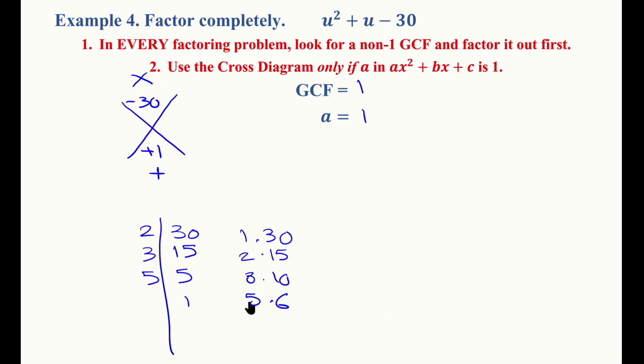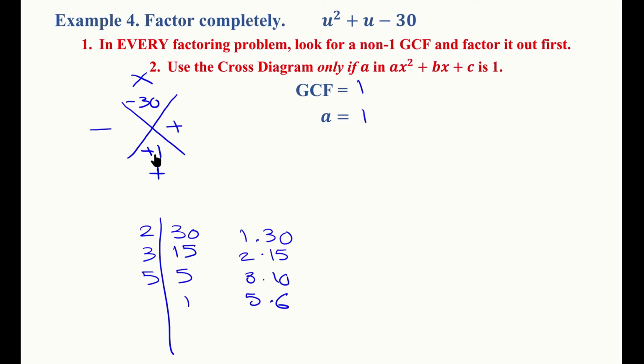So the question is, how do you multiply two numbers and get a negative answer, but add them and get a positive answer? Well, the answer really comes from the fact that the only way you can multiply two numbers and get a negative number is if they have opposite signs, right? So one is going to be negative, one is going to be positive.